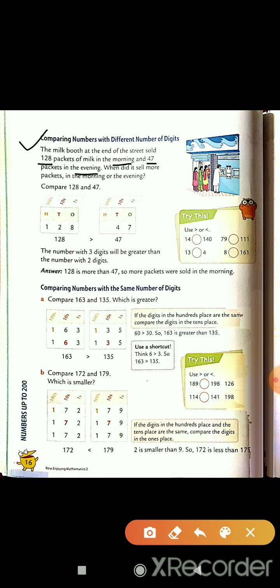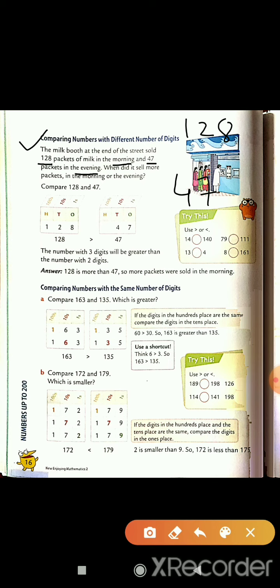So, here the question is, a milkman sells 128 packets of milk in the morning. How many packets? 128 packets. And 47 packets in the evening. How many packets? 47.